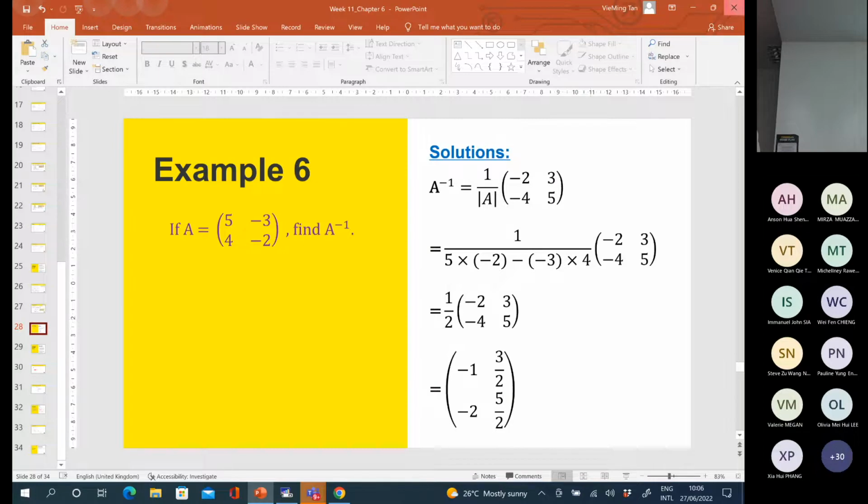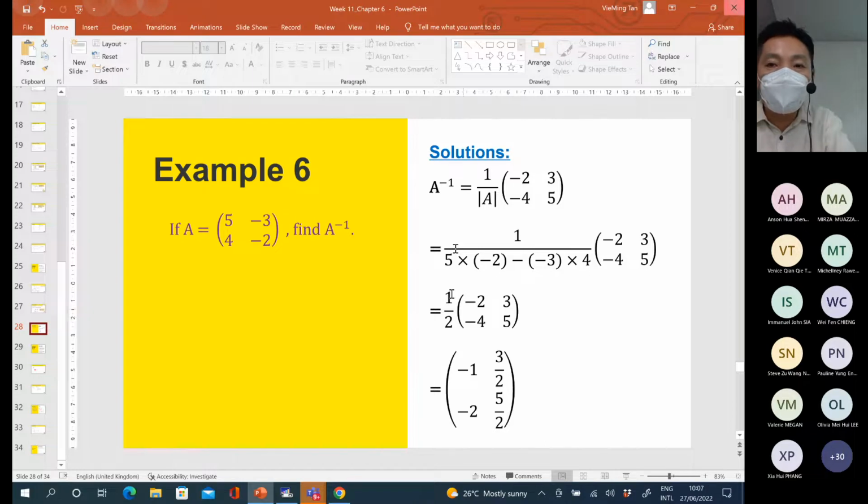Right, so let's try to perform it now. For the determinant we have to use the original A: 5 multiply negative 2 minus negative 3 multiply positive 4. The simplified answer is equal to 2. So the determinant for A is equal to 2.